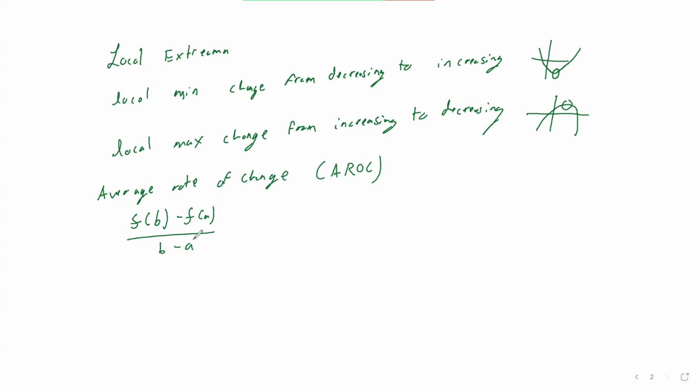If you're going further in your math career, like calculus, you're going to see this formula more than the change in y over the change in x, or y2 minus y1 over x2 minus x1, or rise over run. All these mean the same thing, but you will see this one more than anything.